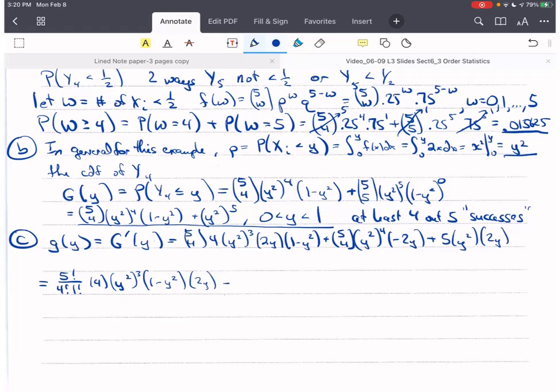And then it's going to be minus, because I have a minus in this term. And we do the same thing: 5 factorial over 4 factorial, 1 factorial, and then I've got y squared to the fourth, and then I've got 2y.